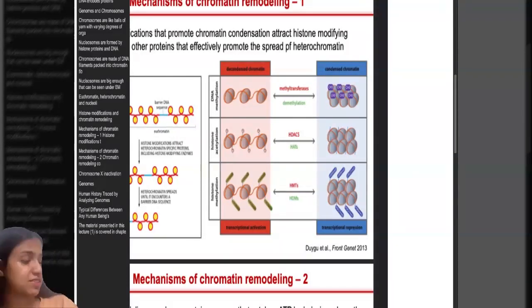HAT is something that's funny to me. And then HDACs is what is making it condensed. And then last but not least, you have histone methylation, where again you have all this decondensed stuff, and that is turning into condensed via HMTs and HDMs. It goes back and forth.